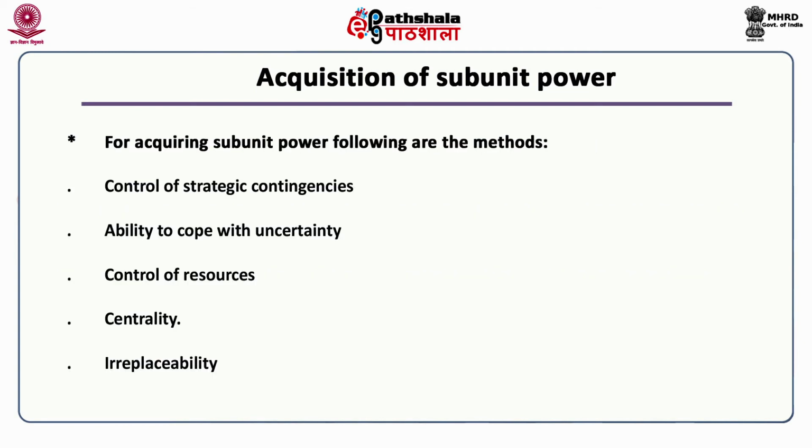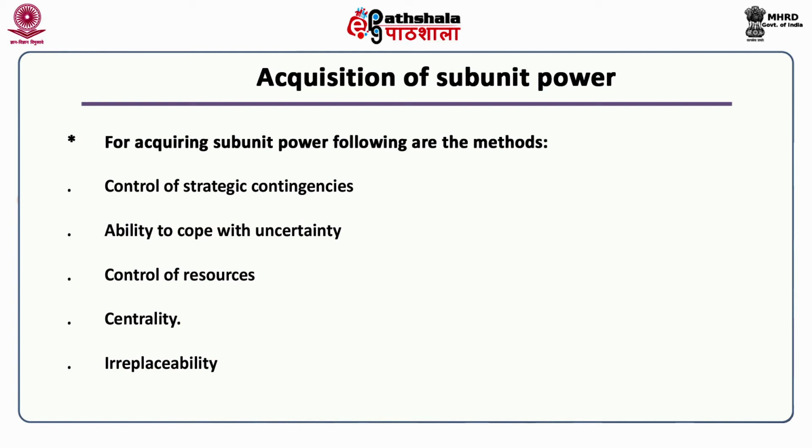For acquiring subunit power, some methods are generally used: controlling strategic contingencies, helping to control uncertainty, being irreplaceable, performing central functions, and controlling resources.